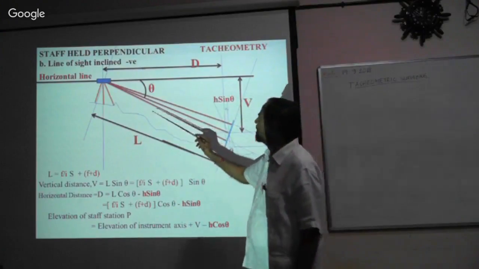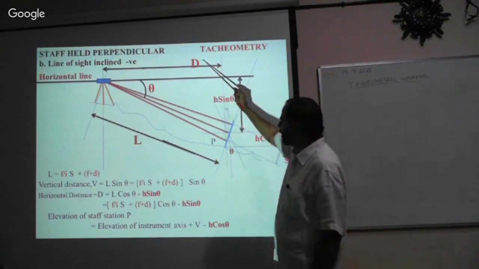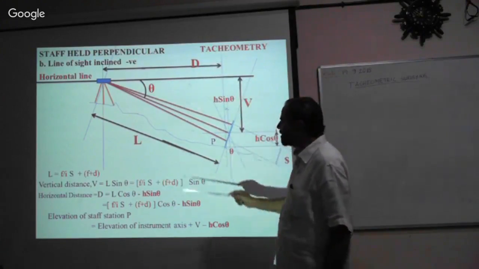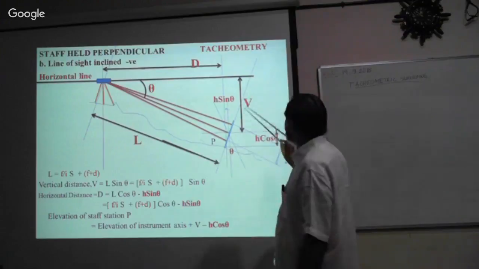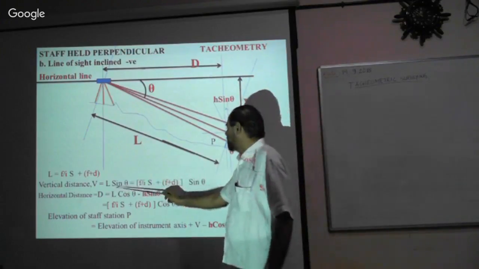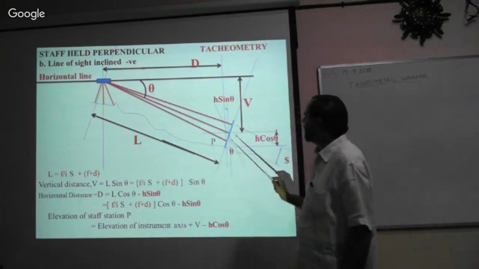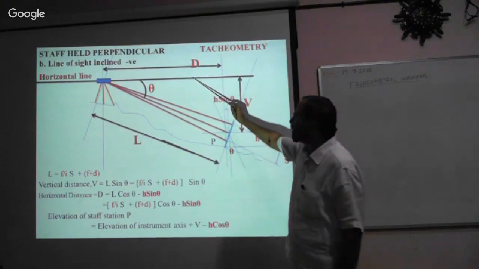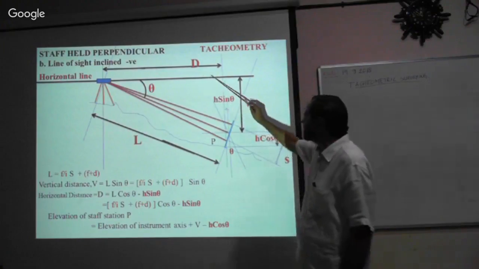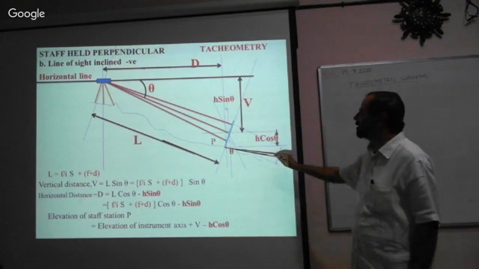The horizontal distance is L cos theta from the triangle, minus this distance, and we can get D. Similarly, to calculate the vertical distance from here to here, apply L sin theta, by direct substitution. To find the elevation of P, take the RL of the instrument axis, minus V, then minus H cos theta, and we can obtain P.